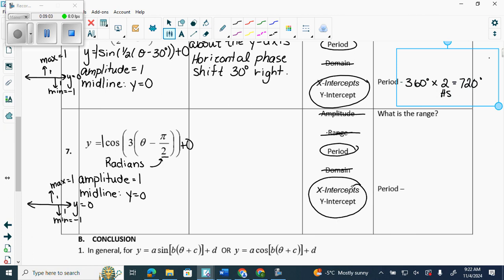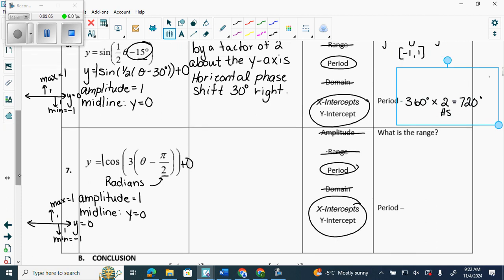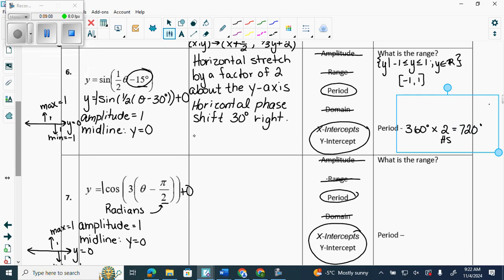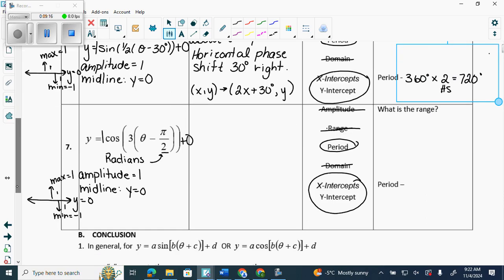So let's talk about some words here. I didn't do mapping for the last one. This is going to be x, y becomes 2x plus 30 degrees. Hold on. Sorry. Oh wait, this one has no y things happening either.